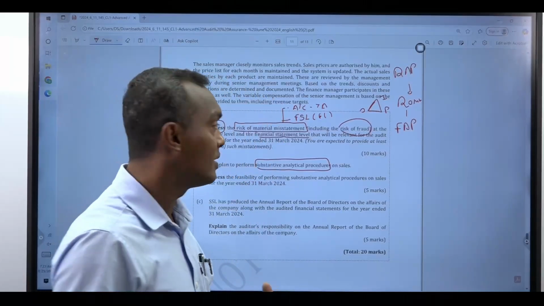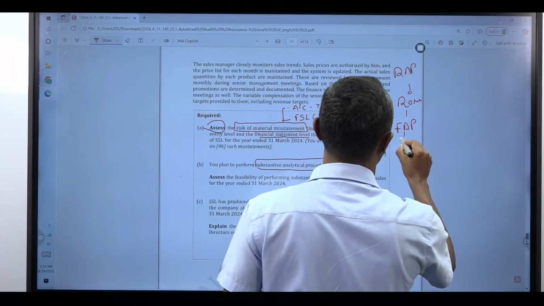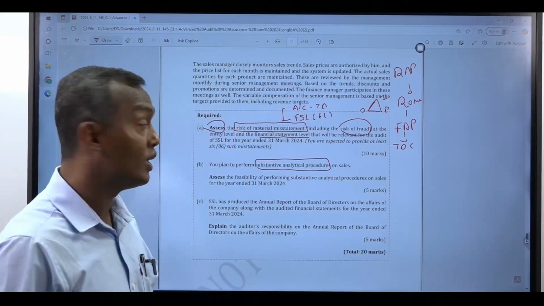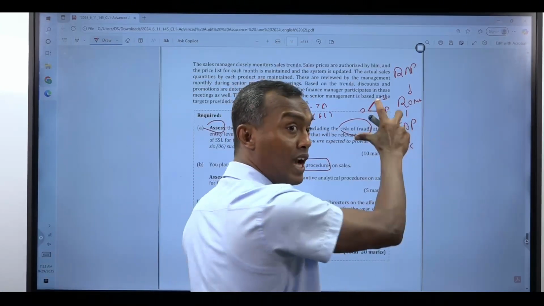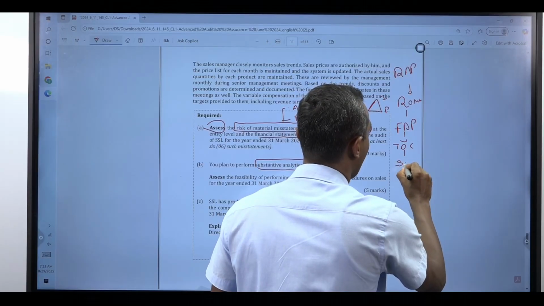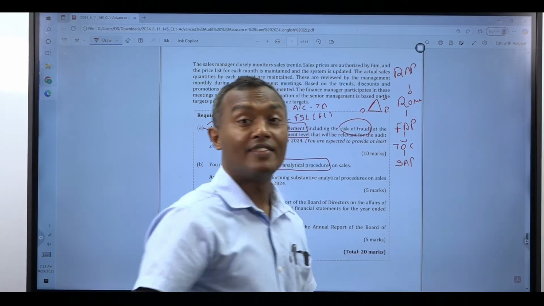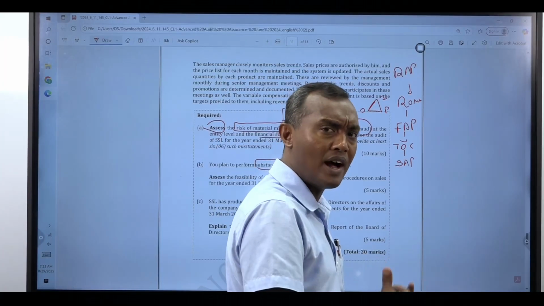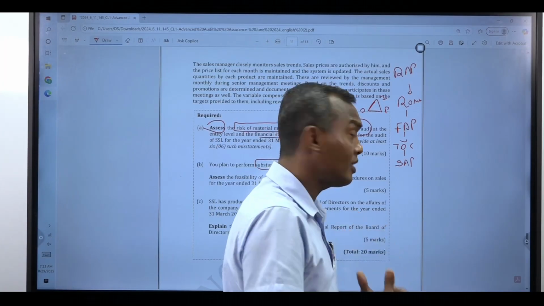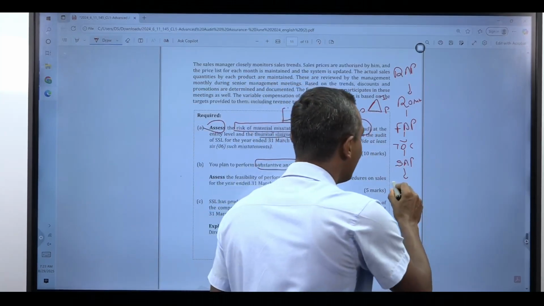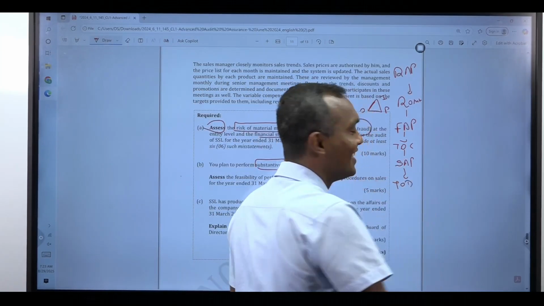And that FAP logically begins with TOC, test of control. If that can be done, the next choice is SAP. And if SAP cannot be done, or SAP is not enough, you go to TOD, like a toddler, right?